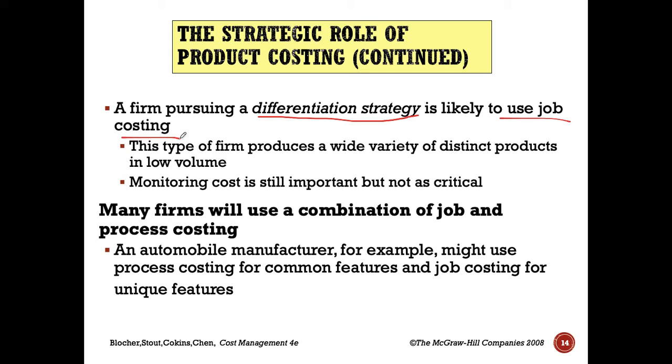Okay, many firms will use a combination of job costing and process costing. For example, an automobile manufacturer might use process costing for common features and job costing for unique features.